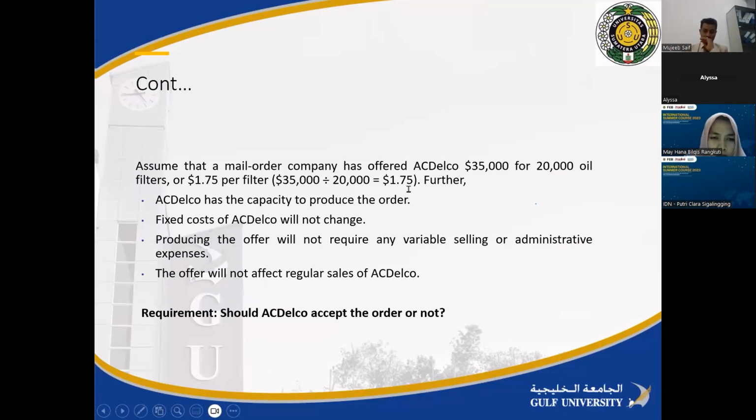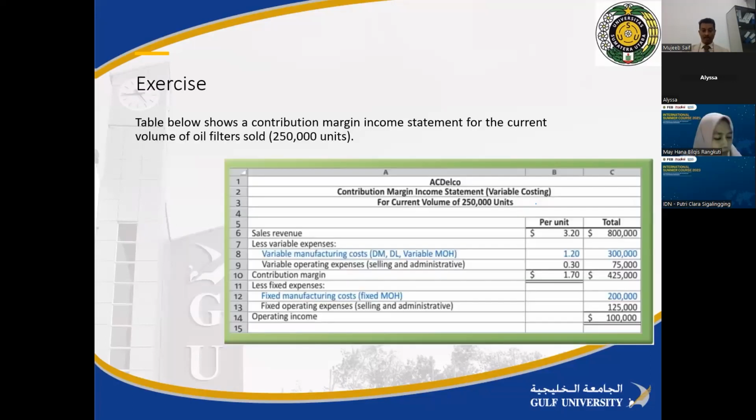Let's go now to the expenses. What is the cost that we will pay if we accept this order? To produce these filters, we have to pay variable expenses. Here we have two types of variable cost. The first one, we should pay.